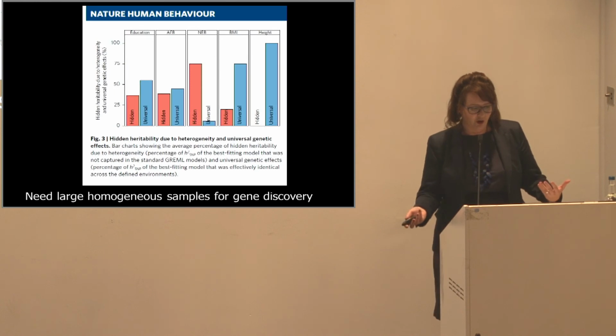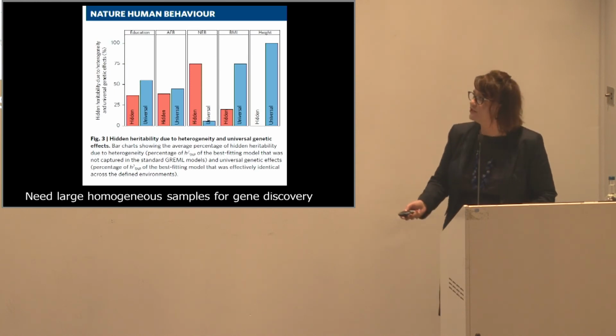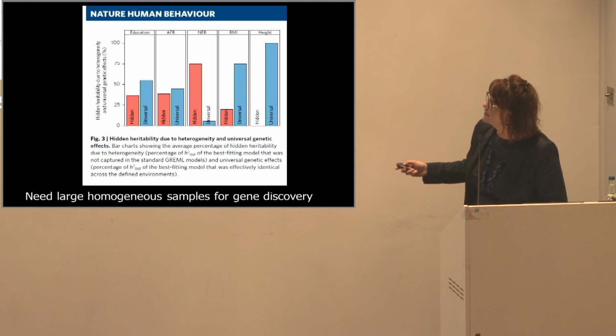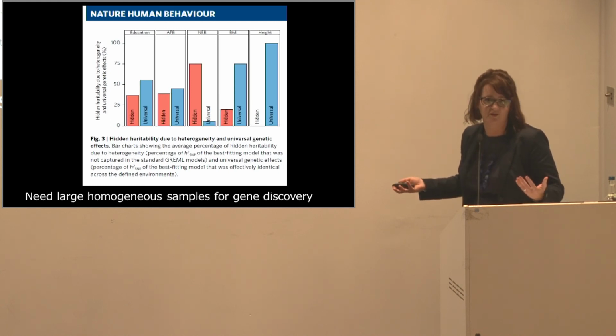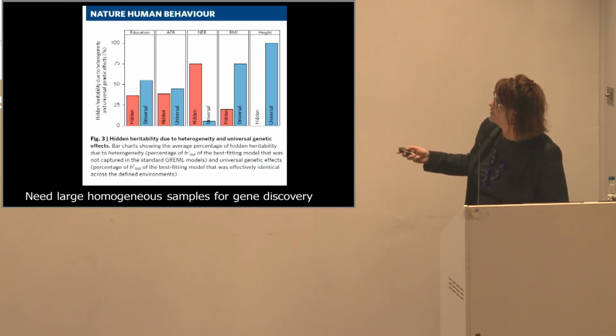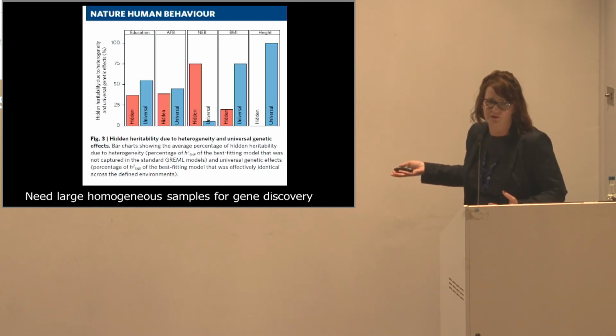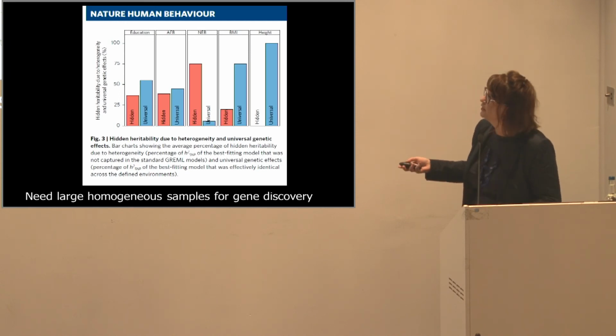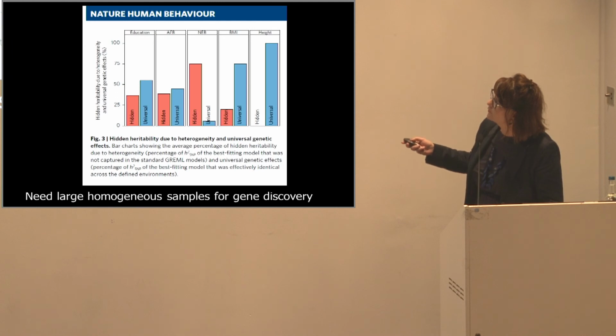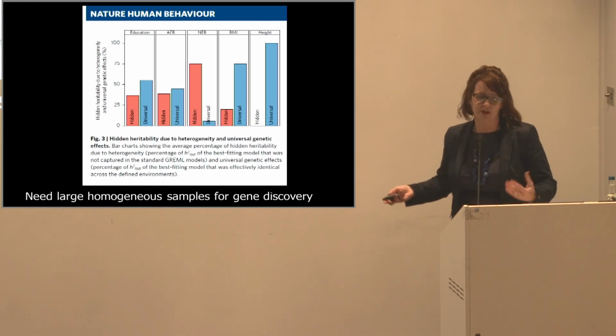And we argue, and show through several simulations, that this hidden heritability, or this social environmental context, is really important. It's probably not that important for biological traits such as height, but it becomes increasingly important for these social or complex behavioral traits.